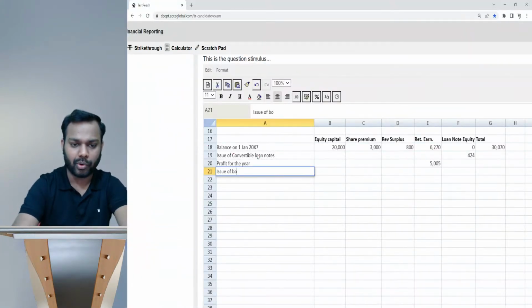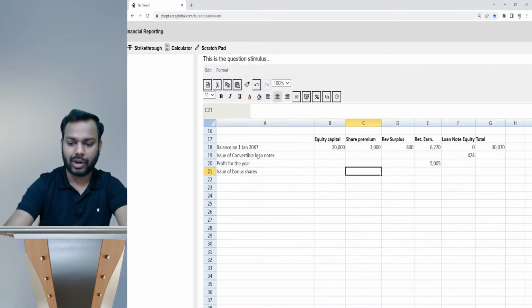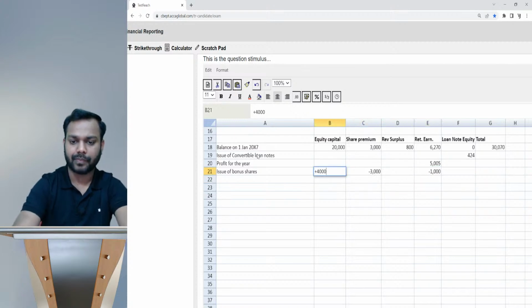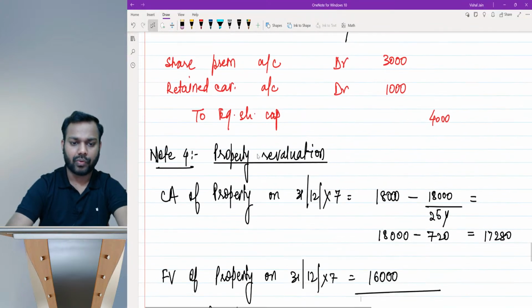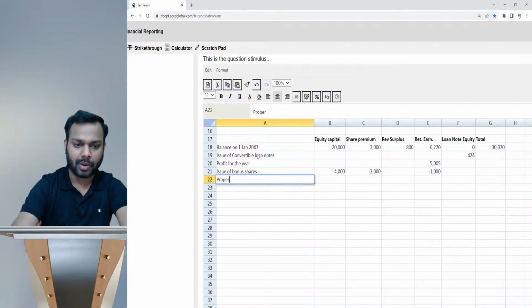Issue of bonus shares is how much? First we'll reduce 3,000 from here, we will reduce 1,000 from here, and we'll add 4,000 here. I hope it is clear, everyone. Right? Now note 4 is property revaluation, right?